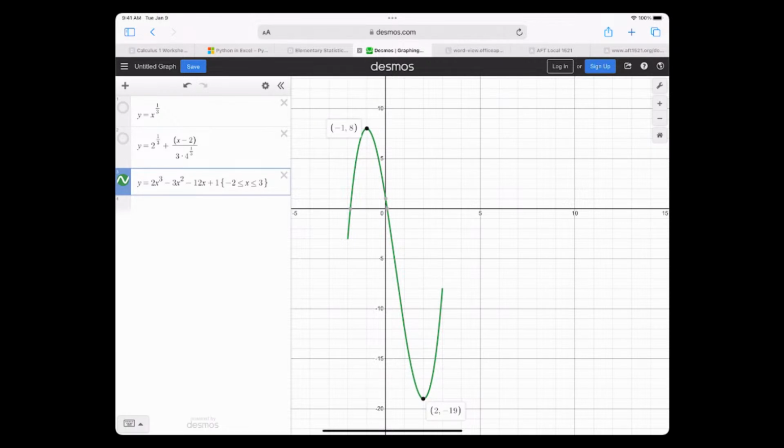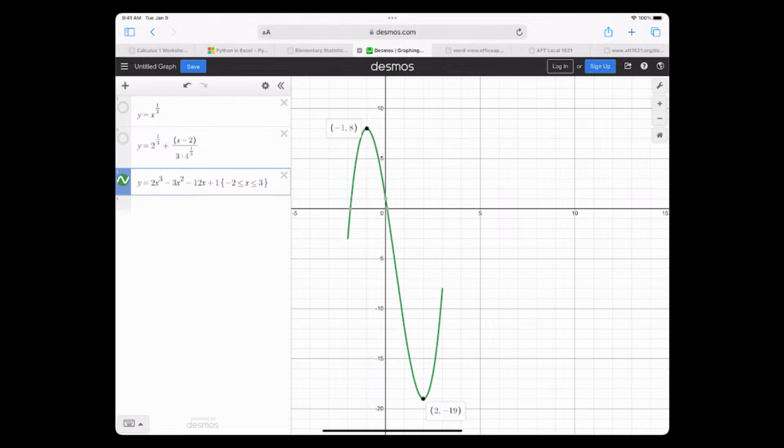Is that the right function? 2x cubed minus 3x squared minus 12x plus 1, negative 2 to 3. Well, here we go. Anyway, here's the idea behind the closed interval method. If you guys can see that here.